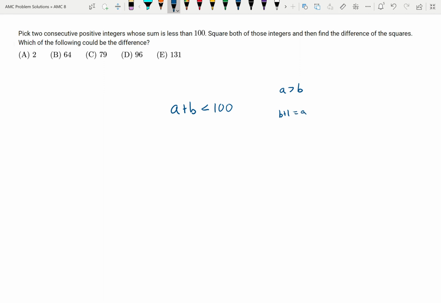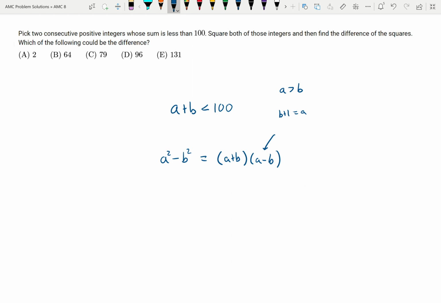So the difference of their squares is a squared minus b squared, and we want to find that. If you know different factoring patterns, you'll notice this is the difference of squares, so it is equal to a plus b times a minus b.